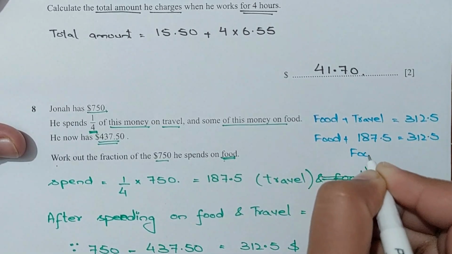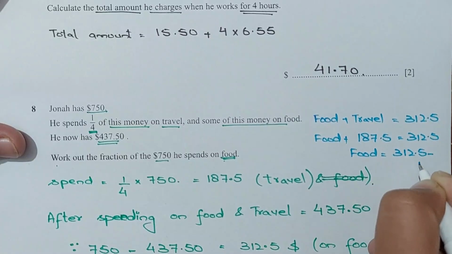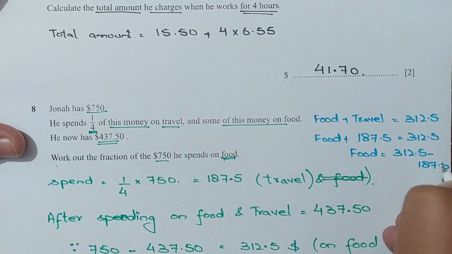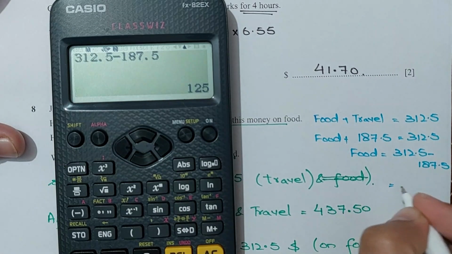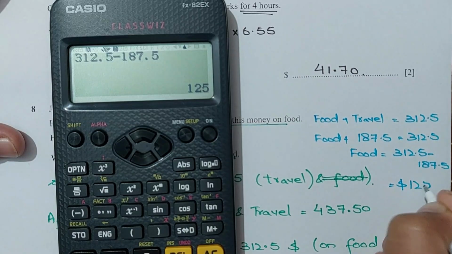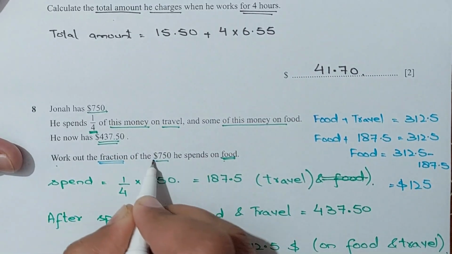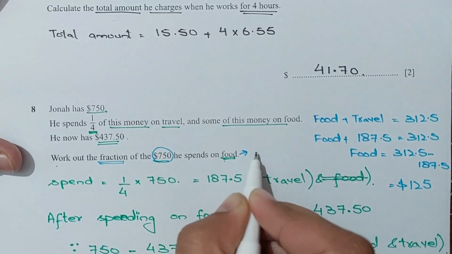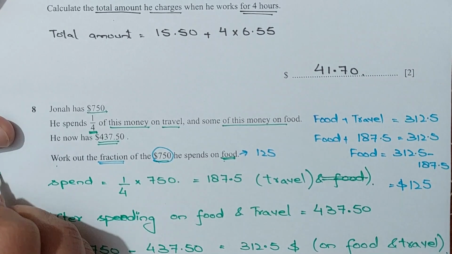From 312.5 we have to subtract 187.5. 312.5 minus 187.5, he spent $125 on food. Work out the fraction of this he spent on food. The food spending is 125, right? So now let's solve for the fraction.